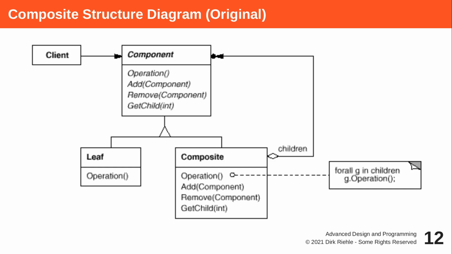So this is an old school notation, OMT, it's not UML, and this funny triangle between composite, leaf, and component indicates an inheritance relationship, and the children's link is the aggregation that we already know.